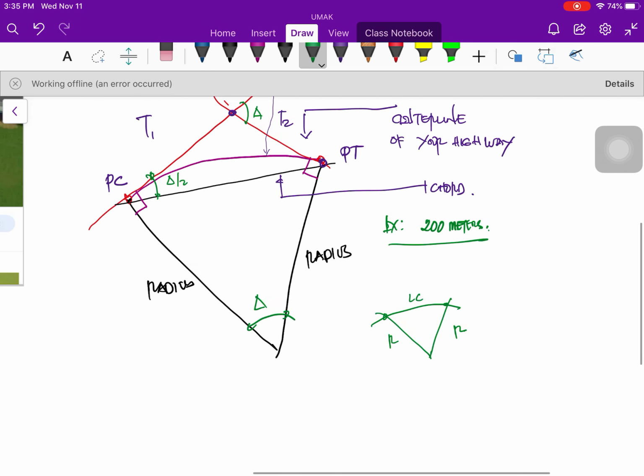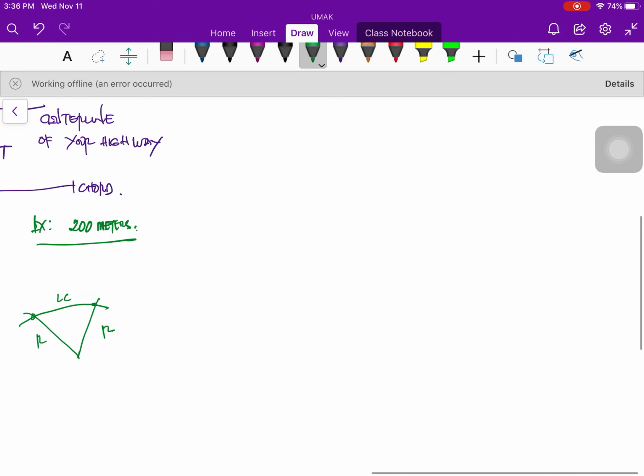But in actuality, it will be very hard to have one layout of 200 meters. So what the engineers are doing is they do it by segment, not by the entire curve.